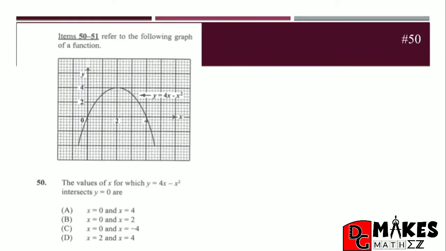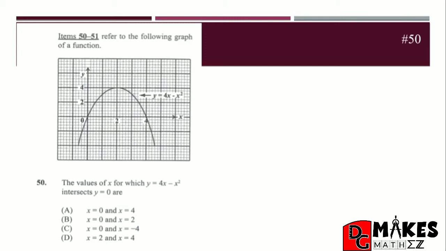This graph is what we'll be using to answer questions 50 and 51. Now, we are given this graph of a quadratic function, and we are asked to find the values of x for which the graph intersects y equals 0. What exactly is y equals 0?